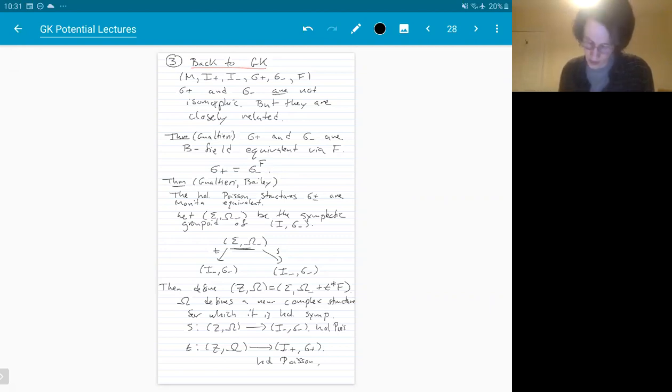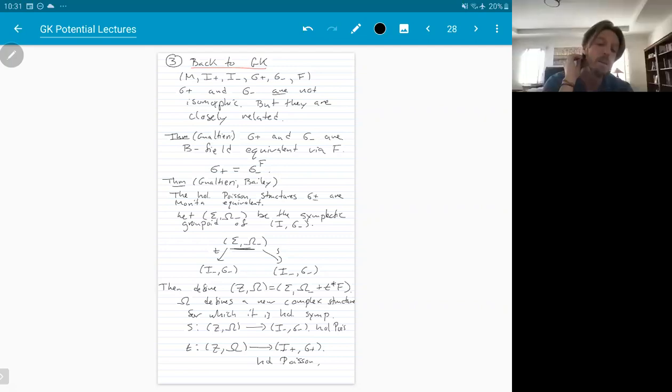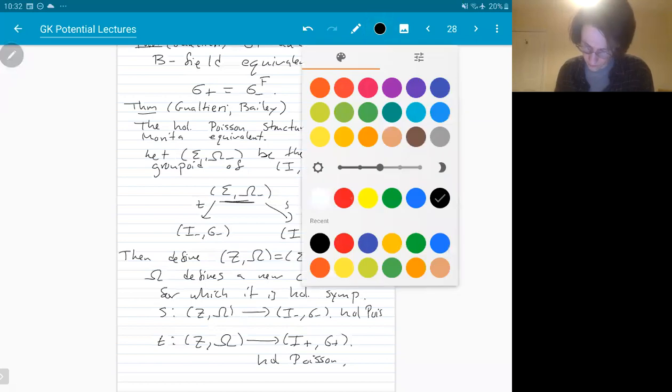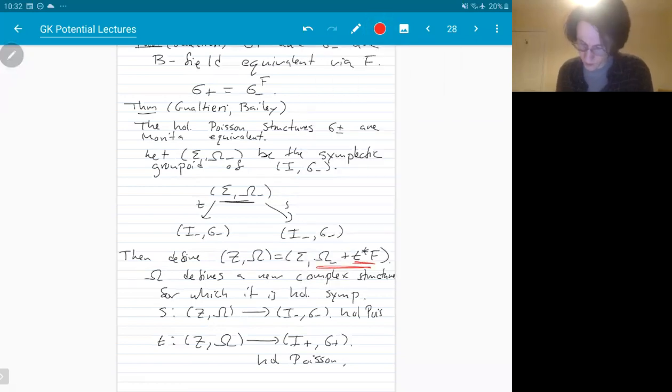It's now holomorphic as a map to I plus sigma plus. Oh, I see. Because we modified this form by adding the pullback of F, it messed up the target T, so we have to change the domain of T. If we added on instead S star of F, T would be fine, but we'd have messed up S and would have to change the domain of S. Okay, yeah. That's the way that it works.